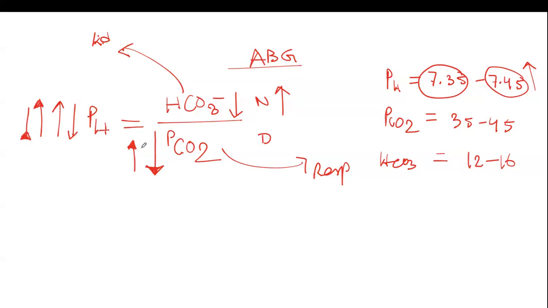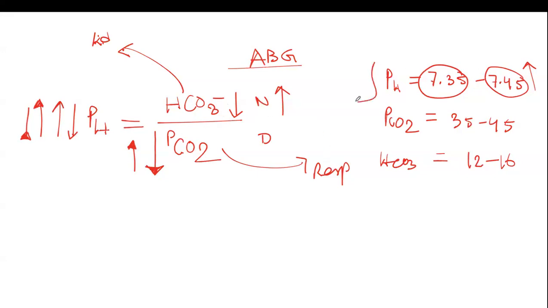So, you need to know the normal pH formula. You need to understand that a bicarbonate problem gives us metabolic issues, and a PCO2 problem gives us respiratory issues, and it could be either acidosis or alkalosis.